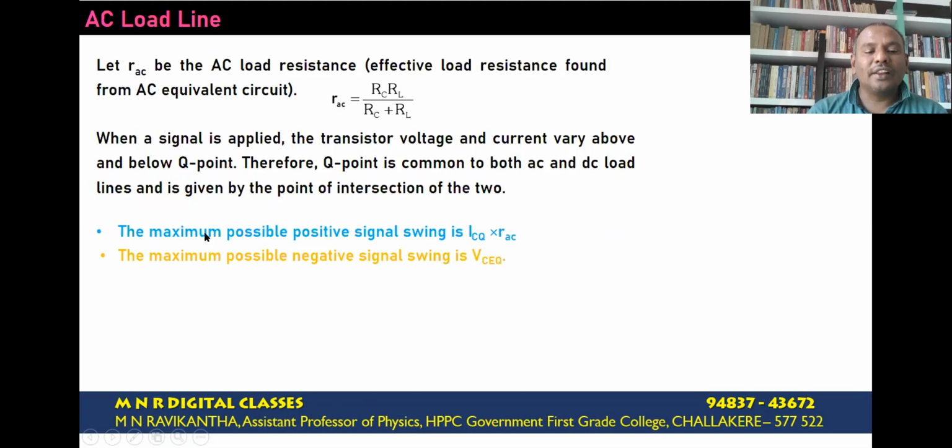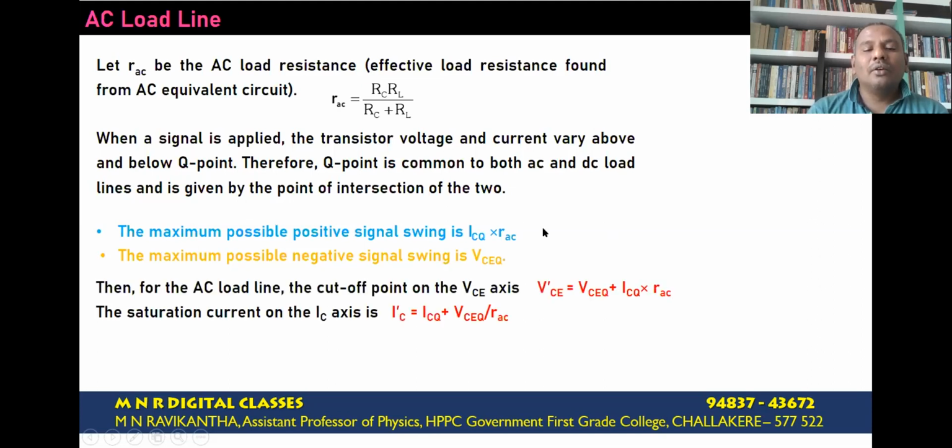Now let us find the 2 points. The maximum possible positive swing of the signal is ICQ into RAC. If RAC is the effective load resistance, then the maximum possible positive shift in the signal is equal to ICQ into RAC. Similarly, the maximum possible negative signal swing is equal to VCEQ.